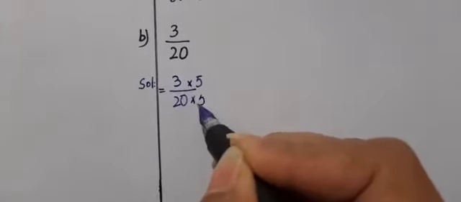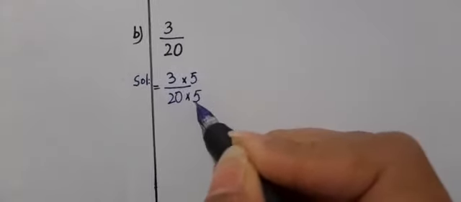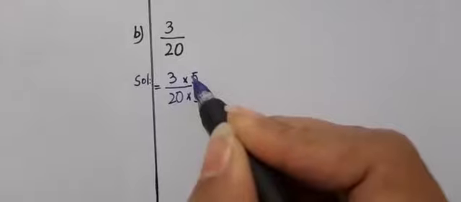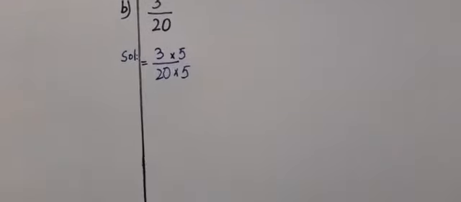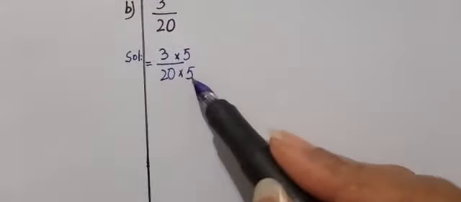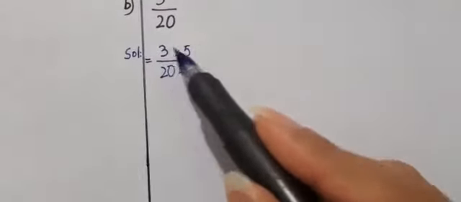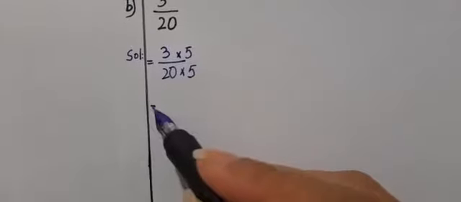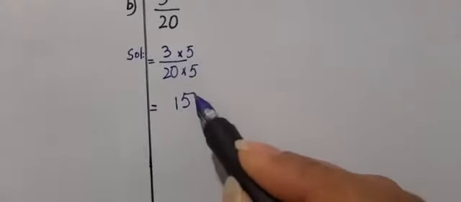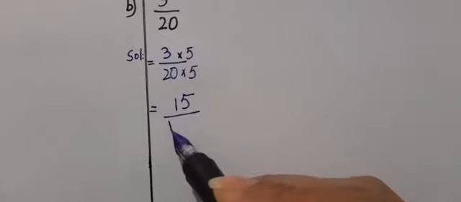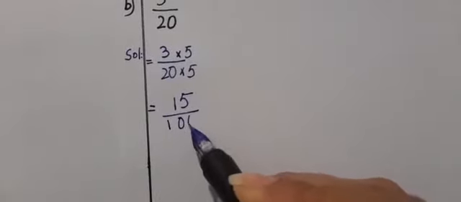And always remember, the number I multiply in the denominator, I have to multiply the numerator with the same number. Or if I divide the denominator by any number, I have to divide the numerator as well. Okay. So 3 fives are 15 and 20 fives are 100. 100.